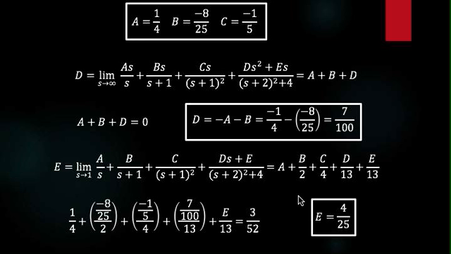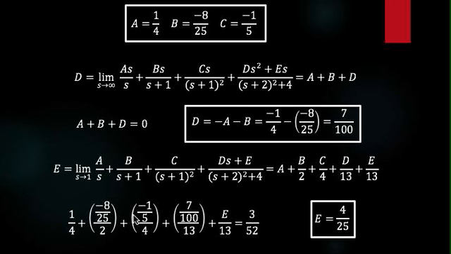The next thing that we have to do is obtain the constant e. We have that e is equal to the limit when s tends to 0, in order for this division not to be improper.